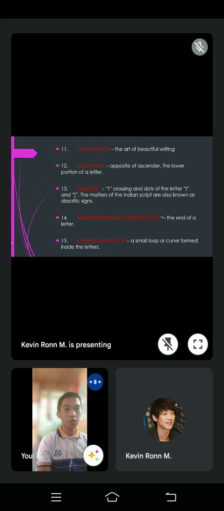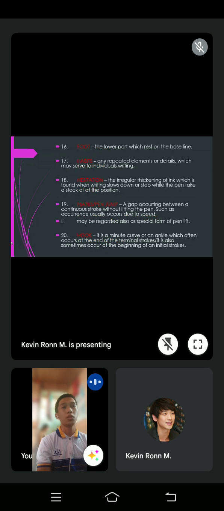Number 14, ending or terminal stroke. The end of the letter. So the end of every letter, that is ending. Number 15, eyelet or eye loop. It is a small loop or curve formed inside the letter. So that is eyelet and eye loop.